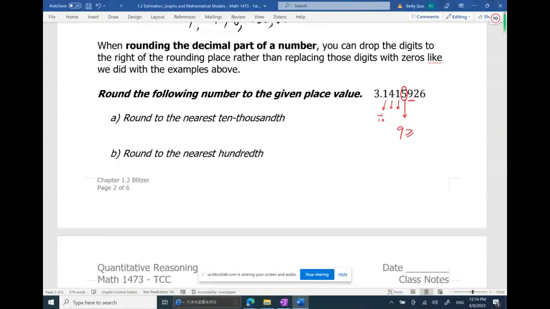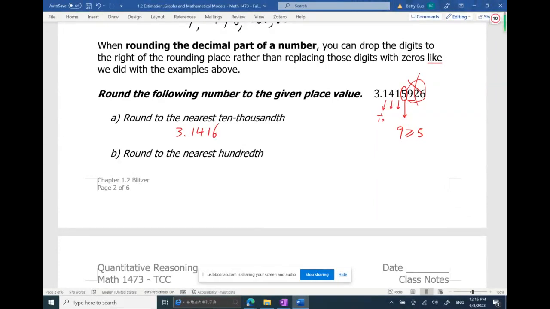Since 9 is bigger than or equal to 5, we decide to round the number up. So 5 goes up to 6, and then drop everything else. Just drop the 9. Okay?